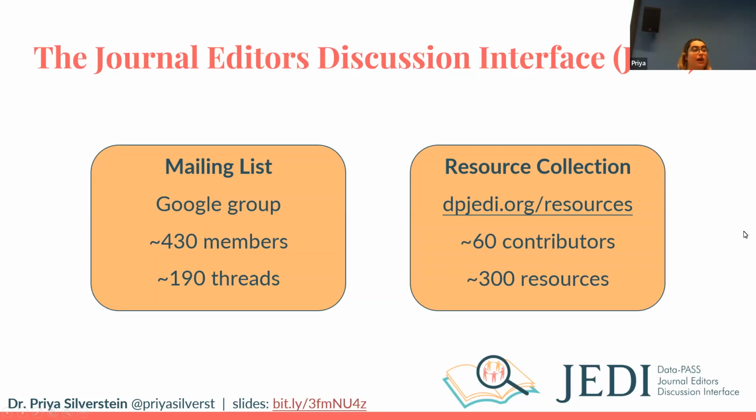We also pull out of these conversations any relevant resources that people share and keep them in our JEDI resources collection. So that's a good link to go to if you are an editor and interested in resources that can help you be a better editor. We've had over 60 contributors contributing over 300 resources. Very, very proud of that so far.